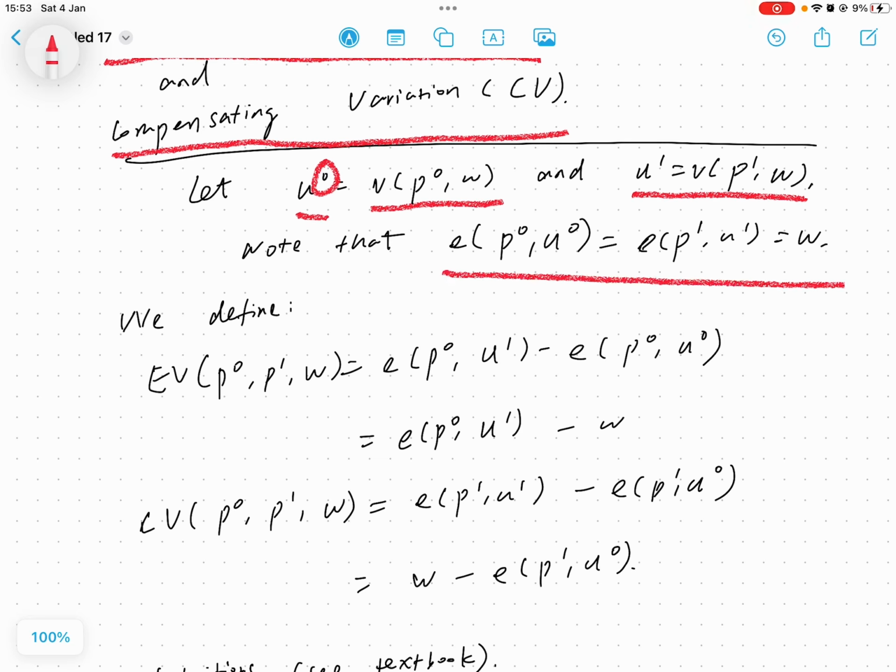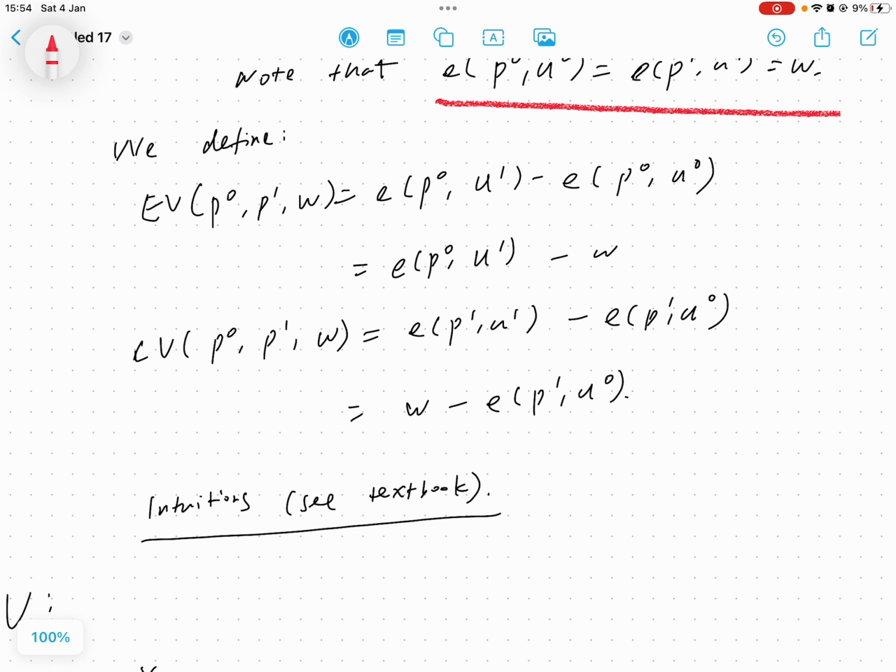We know from the duality of the UMP and EMP that, whether before or after the price change, you always spend all the money that you have, W. So the definition of EV is the difference of two expenditures, comparing across different utility levels before and after the price change.